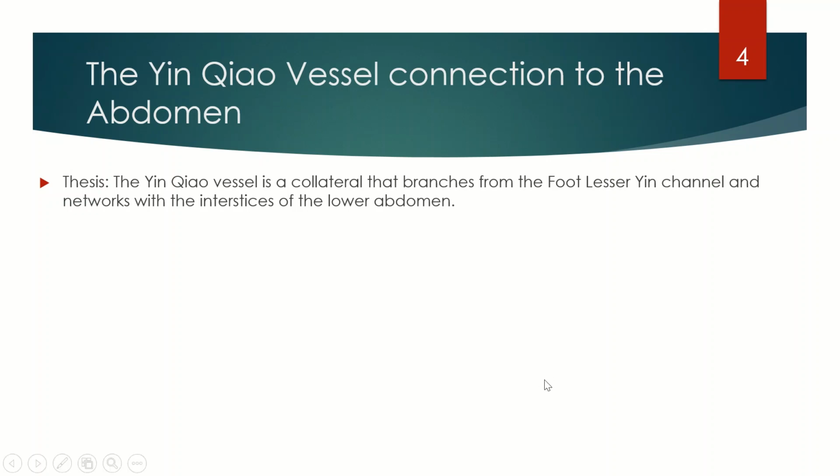So how do I get there? Well, I'd like to talk about some of the descriptions that exist in both the Spiritual Pivot and in the Simple Questions that really just point to this pretty obviously.